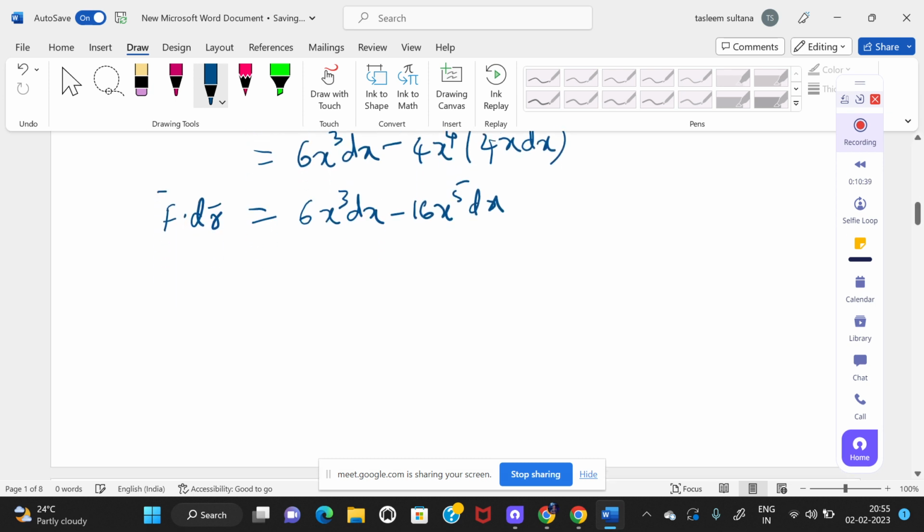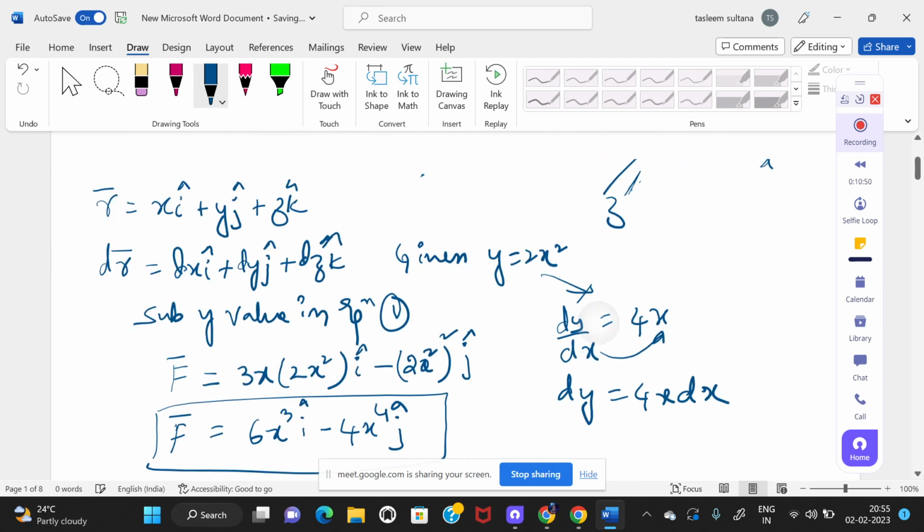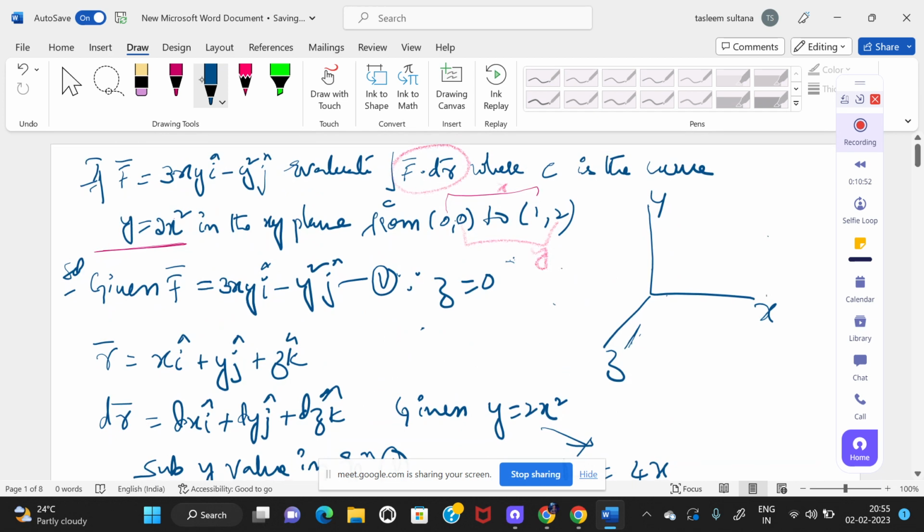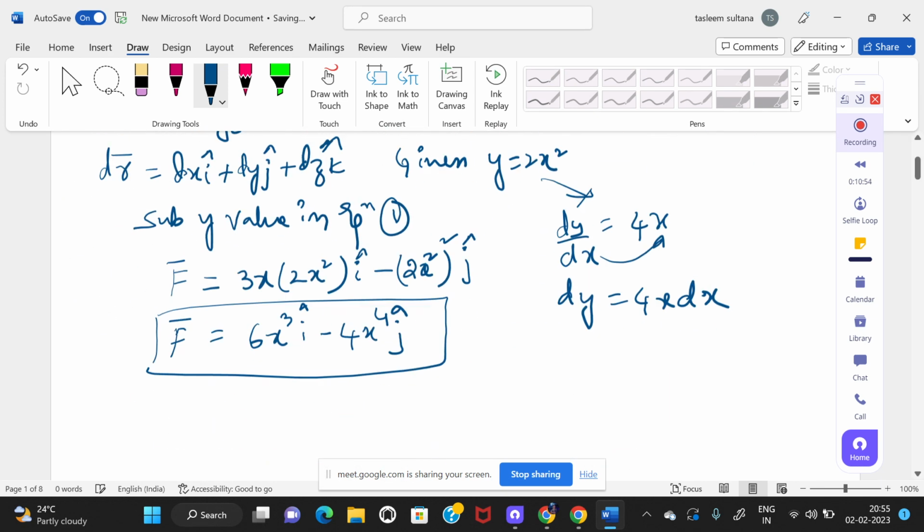Now consider your line integration. What have they asked you to evaluate? Consider integrating F vector dot dr vector, which is equal to, what is our x limit they have given? x limits from 0 to 1.